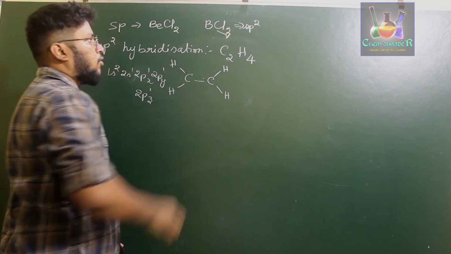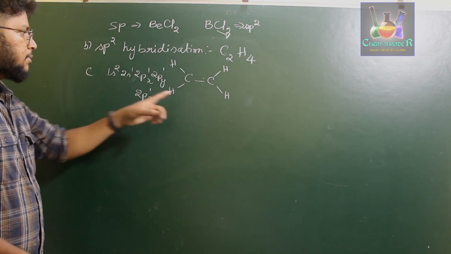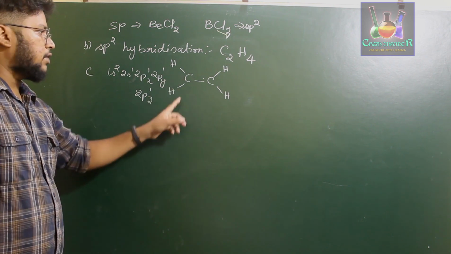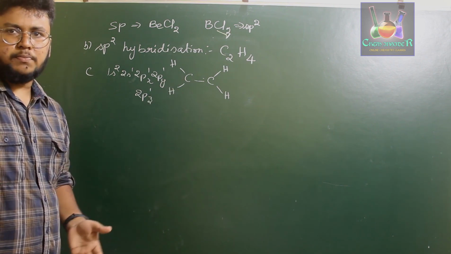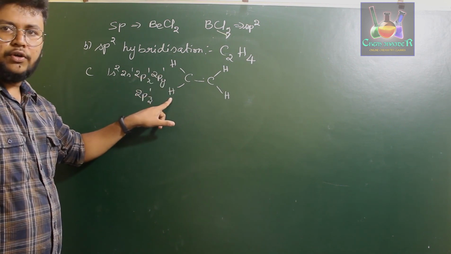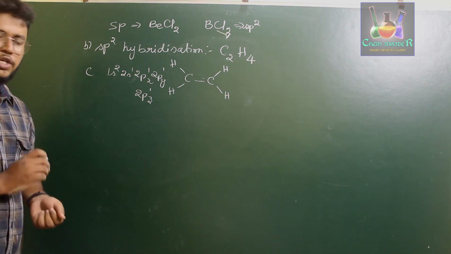In BCl3, boron trichloride, boron is attached with 3 chlorine atoms. Similarly, carbon should be attached with 3 different atoms. It may be 2 hydrogens and 1 carbon, or it may be 3 hydrogens respectively. So here, this carbon is attached with 2 hydrogens and 1 carbon atom, undergoing sp2 hybridization.